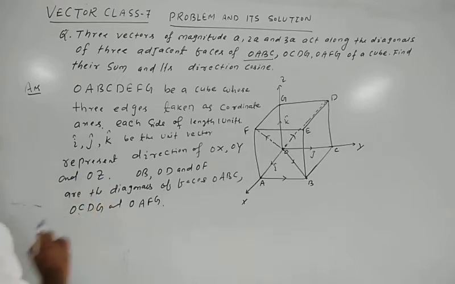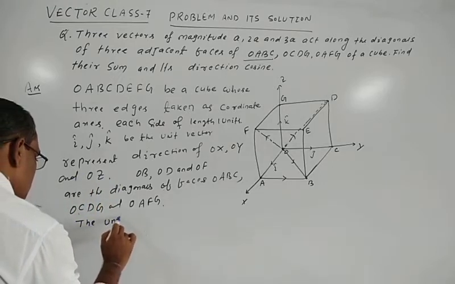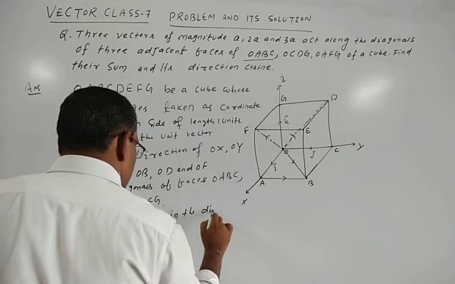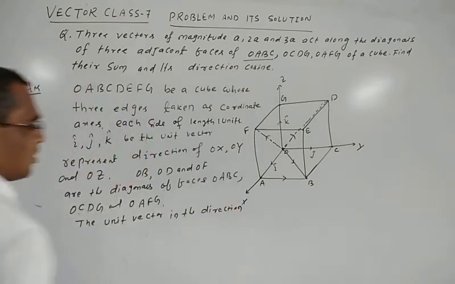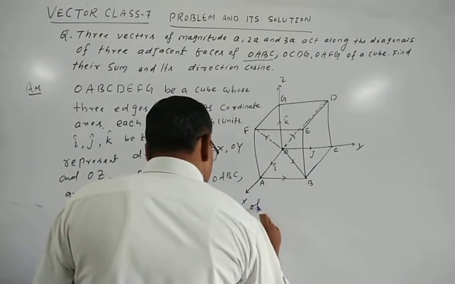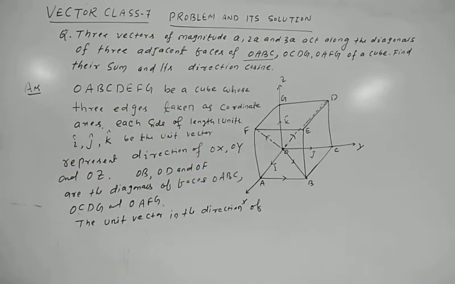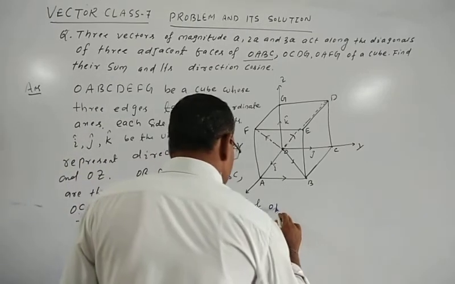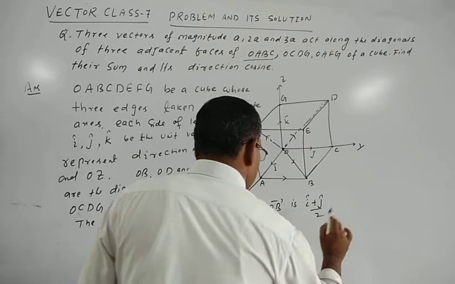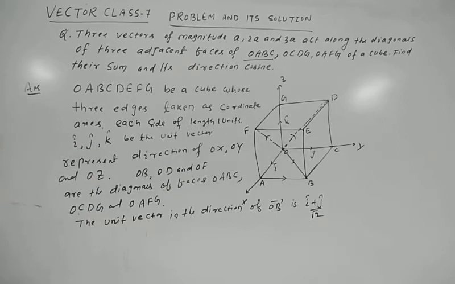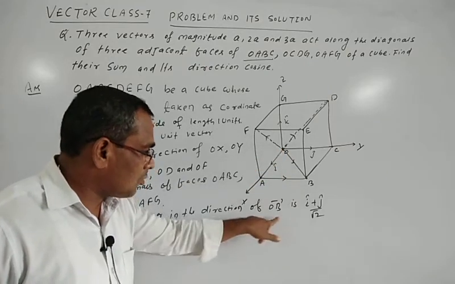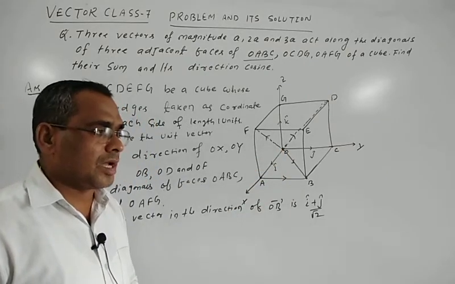Why is it the unit vector in the direction? Do you understand? So the unit vector in the direction of the OB vector is (i cap plus j cap) by root 2.